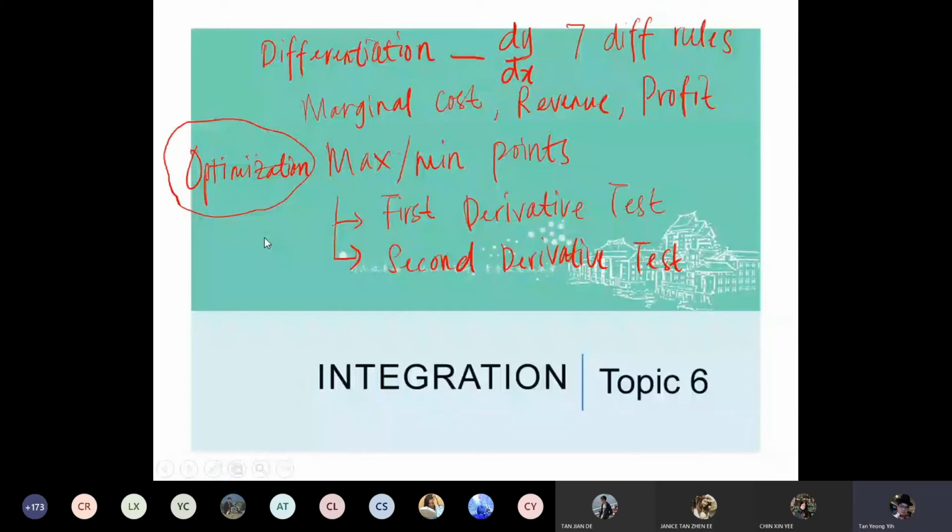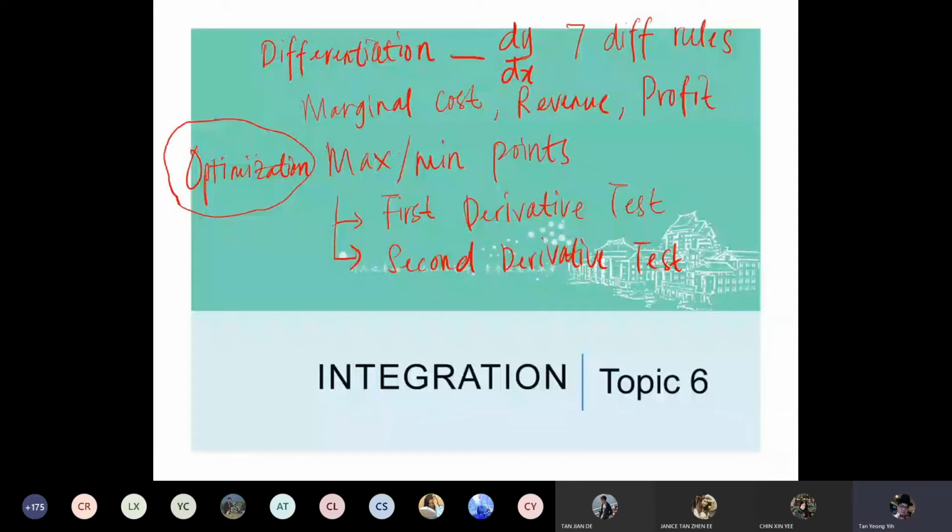Or you want to build a fence and know the maximum area. All these are actually under optimization. For more information, you can refer to the books.